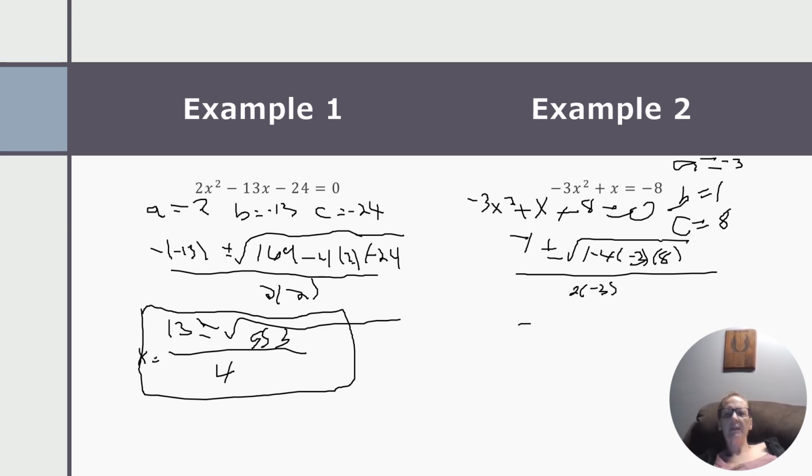So let's simplify that. So I have 1 minus 4 times negative 3 times 8 is 97.